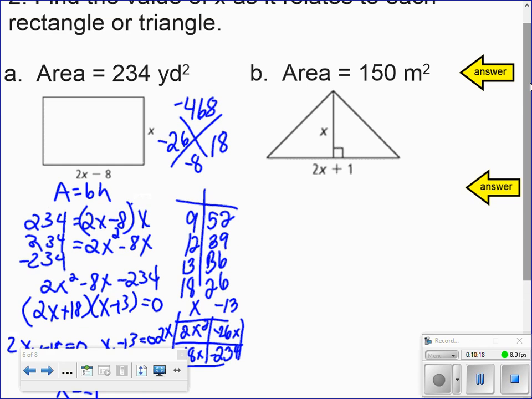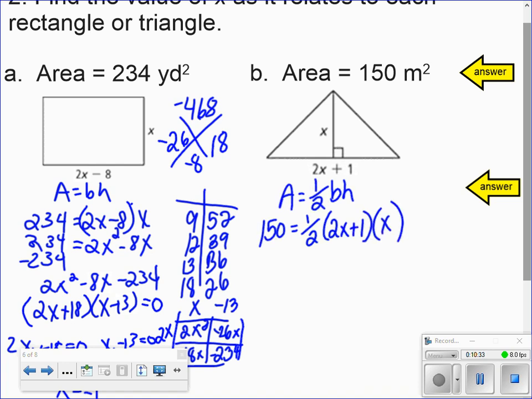For setting up the triangle one, again, it's the same process. This time the area of the triangle is 1/2 base times height. I fill in what I know, so I know that I have an area of 150. 1/2 my base, which is 2x plus 1, times my height, which is x. Again, I'm going to multiply, so I'm going to go ahead and multiply the polynomials here. This is 1/2 times 2x squared plus x equals 150.